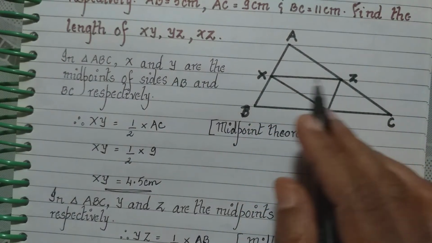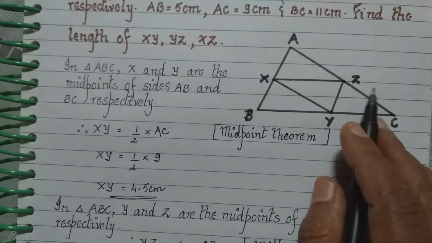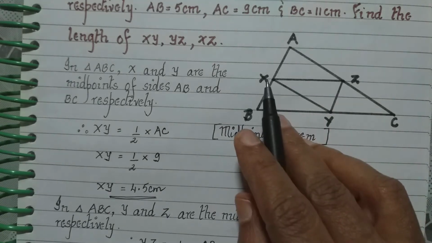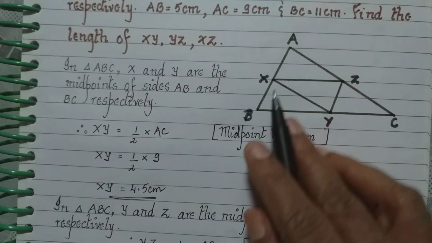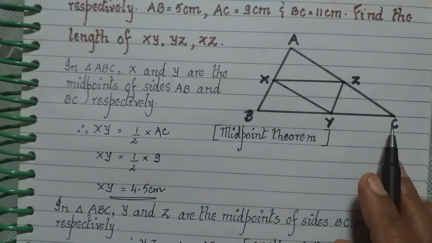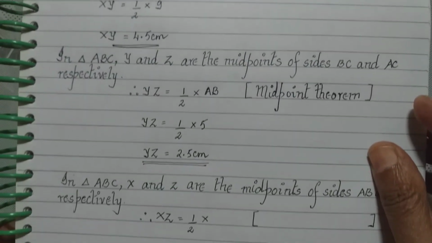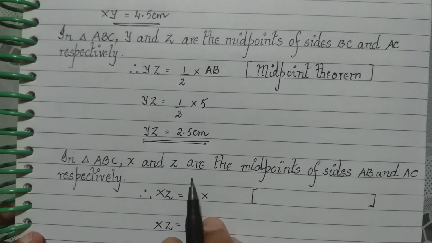Which side is left now? We have to find the length of XZ. So X and Z are the midpoints of side AB and side AC respectively. So that is what is written here.